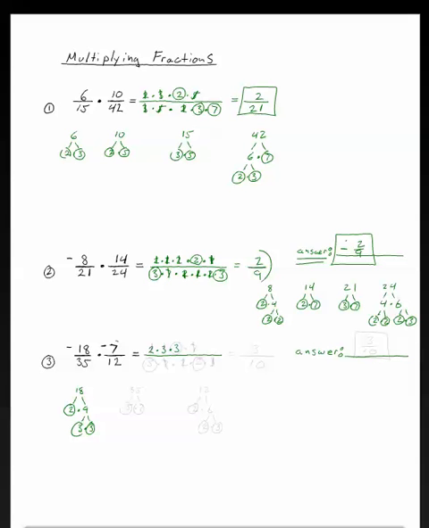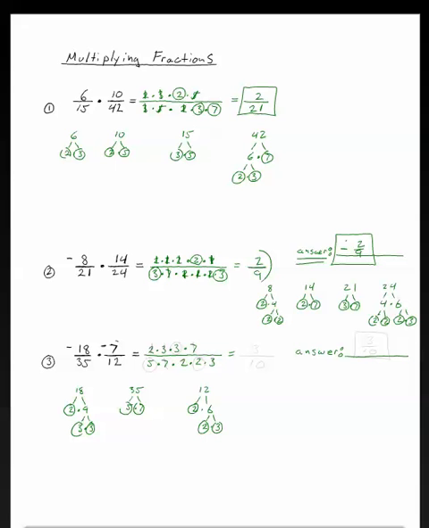Now the 7, I don't need to write the prime factorization because 7 is a prime number, so I just carry over my 7. 35 is 5 times 7, and 5 and 7 are both prime, so I write 5 times 7. Finally, 12 is 2 times 6. 2 is prime, but 6 is not. 6 is 2 times 3, and the 2 and the 3 are prime. So instead of 12, I write 2 times 2 times 3.